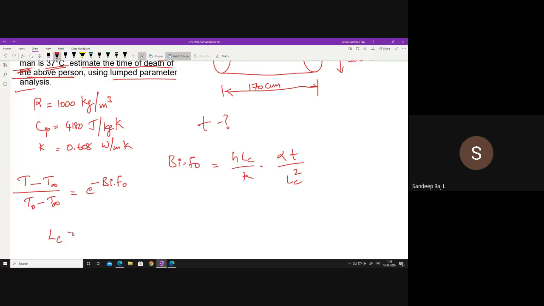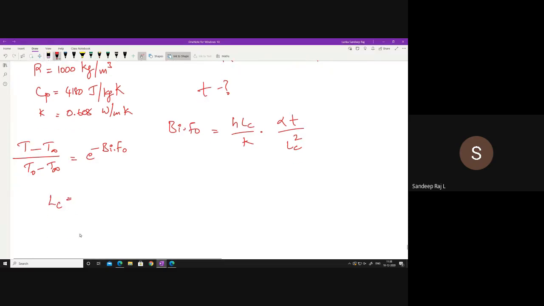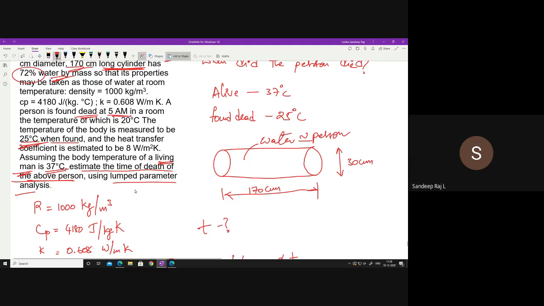The Lc is equal to the volume by area. How do you find the volume and area here?